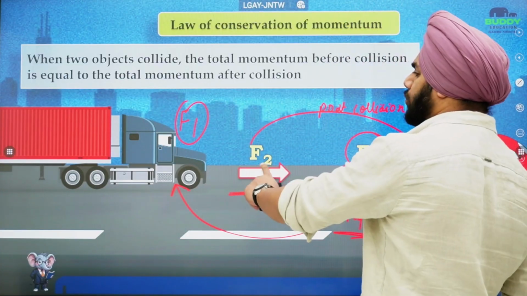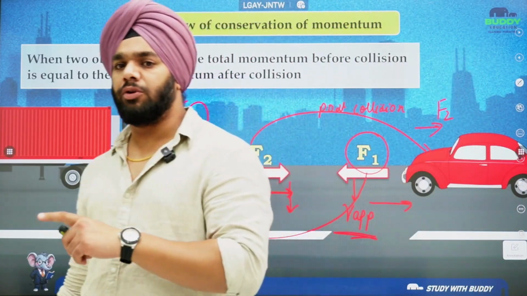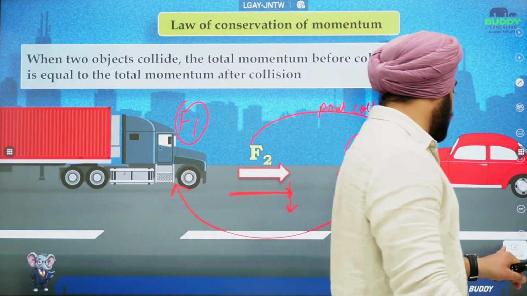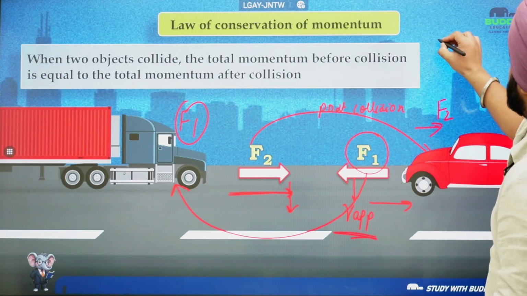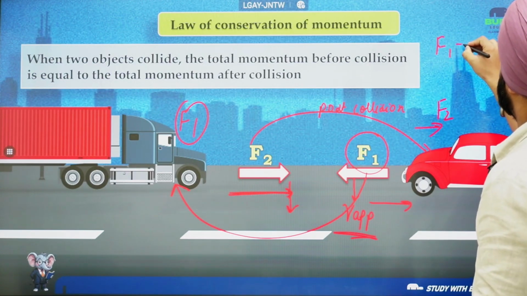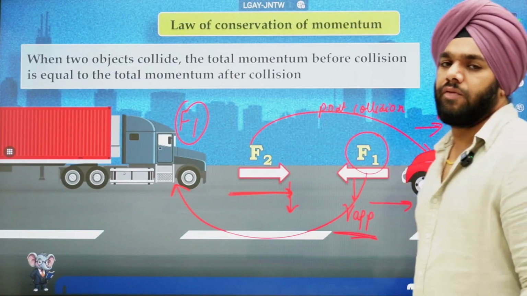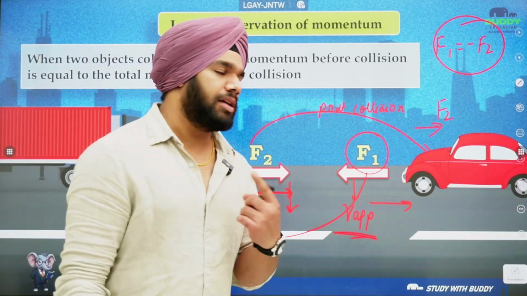So consider F2 to be the action, then F1 will be the reaction. If you consider F1 to be the action, F2 will be the reaction. So either way, it goes both ways. Okay, so you need not worry. So F1 will be equal to minus F2. This is what you need to remember. Why? Because in every action there is an equal and opposite reaction.